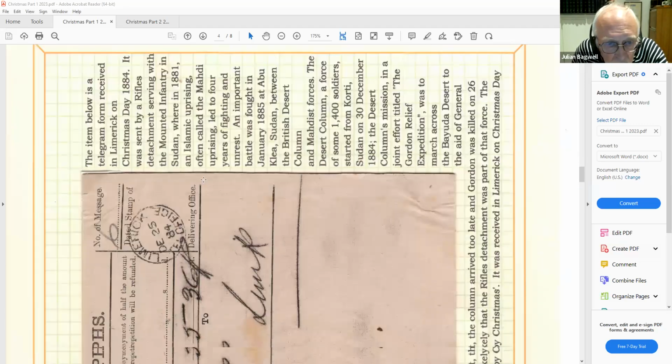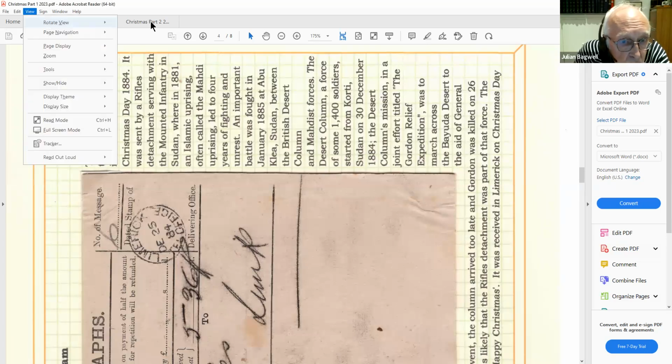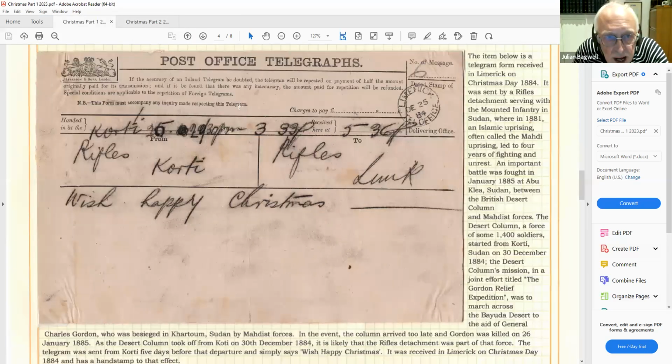The next item, I will just have to, if I can get this right. Yeah, this is a telegram form, and you can see it's cancelled by Limerick, the receiving office, on the 25th of December, 1884. And it's from a rifle brigade at Korti in the Sudan, writing back to their base, really, the Rifles Brigade at Limerick, wishing everyone a happy Christmas.